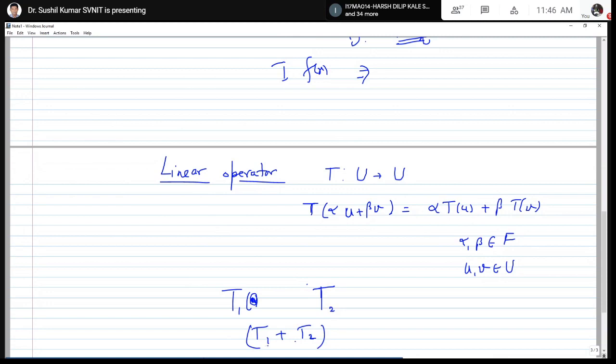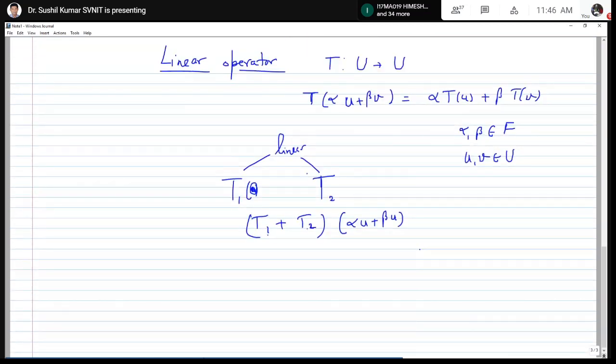If both are linear, then T1 plus T2 will also be linear. You can easily verify it. T1 plus T2 operated on alpha U plus beta V is equal to T1 of alpha U plus beta V plus T2 of alpha U plus beta V, and both are linear. Then you can use the property of this one.